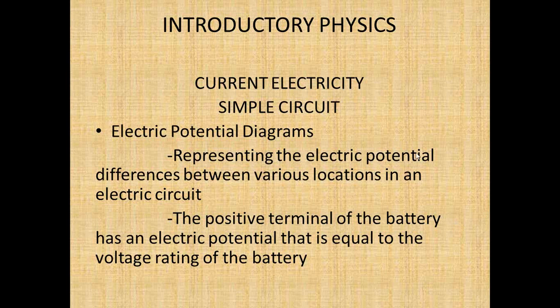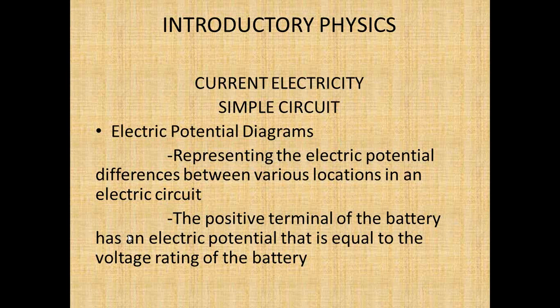Okay? So when we represent an electric potential diagram, we represent the electric potential difference between the various locations in an electric circuit. The positive terminal of the battery is equal to the voltage rating of the battery.